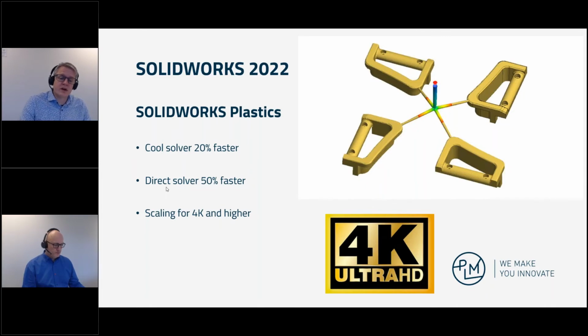If you use the direct solver, the whole simulation is 50% faster, and it also supports scaling for a 4K or higher screen if you have it. It's more of a nice-to-have thing than a practical one.